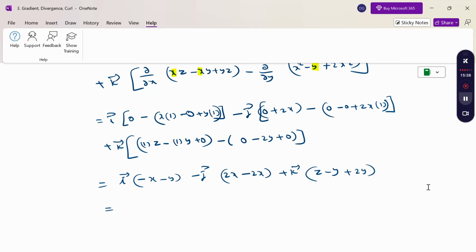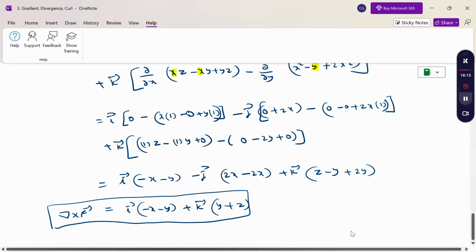Therefore this is the i vector, minus x minus y, then this term is 0, and then the k vector is z − y + 2y, so y plus z. Now this is del cross f vector.